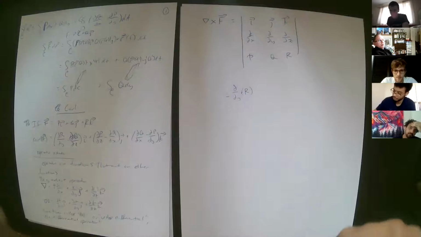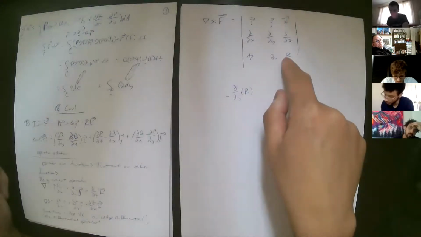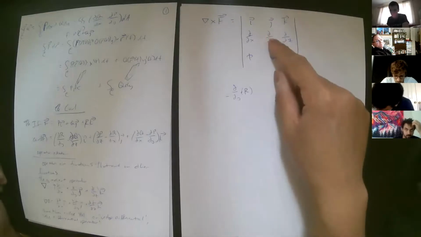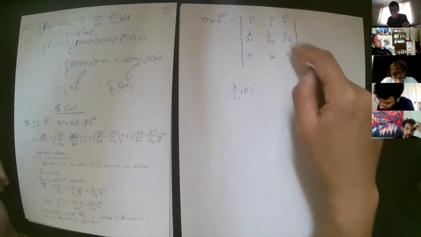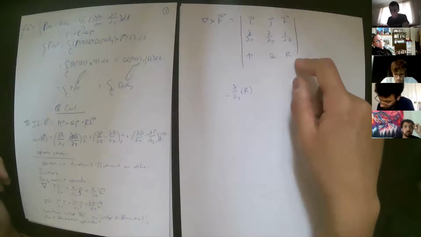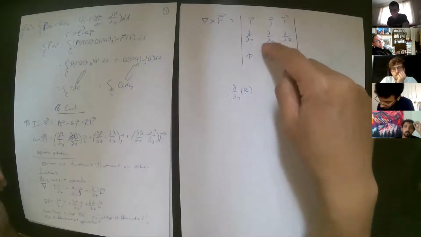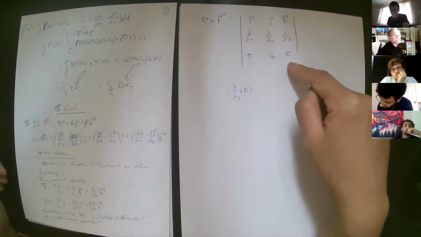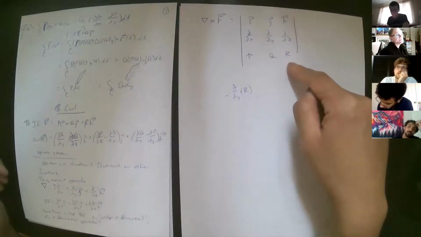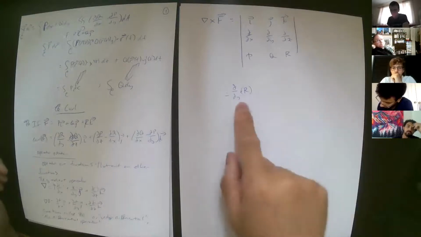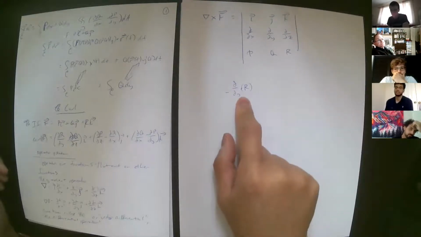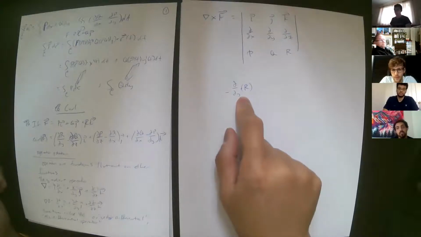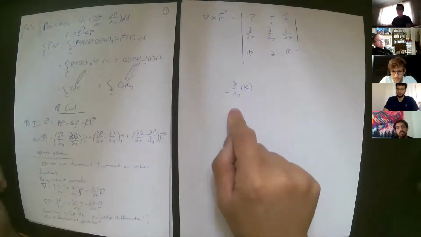But we're doing multiplication here. If we were to do this with normal vectors, this would be a scalar and this would be a scalar, and we multiply them. But now this is an operation: I take the derivative with respect to y, and this is a function. So what do you think this should mean? Is it the derivative of R with respect to y? Exactly.